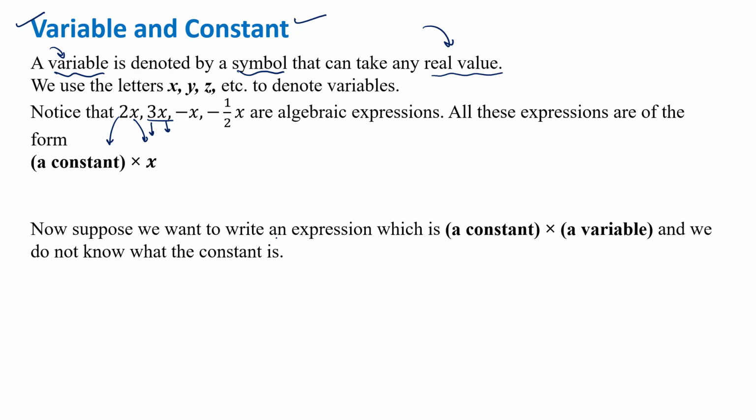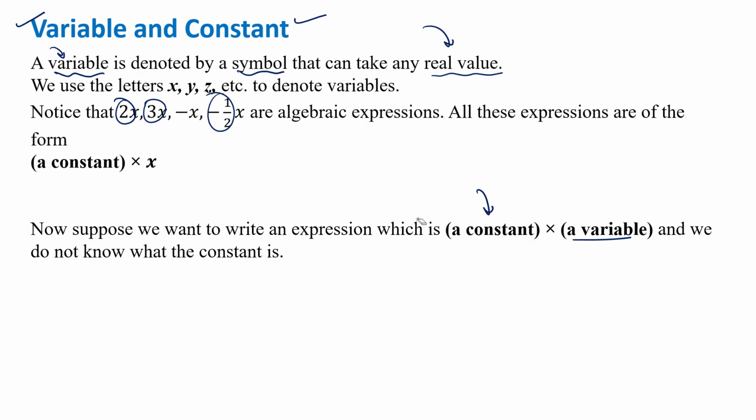Now suppose we want to write an expression which is a constant multiplied by a variable, and we do not know the constant. In these examples you know the value of the constant, like 2, 3, minus 1 upon 2.